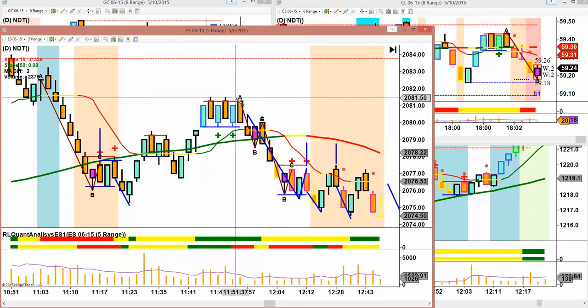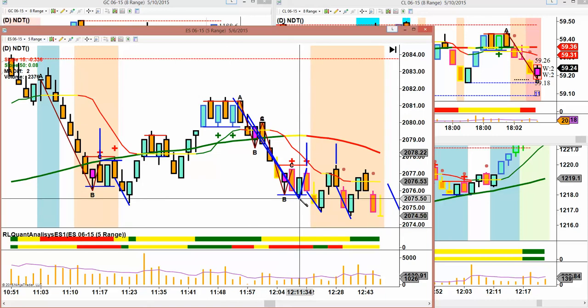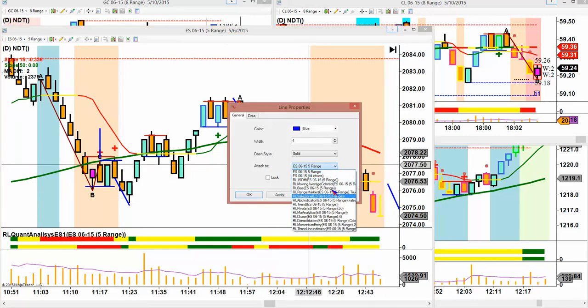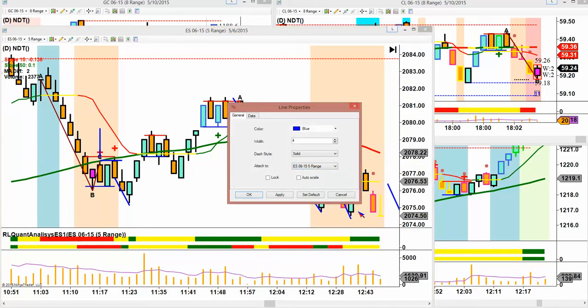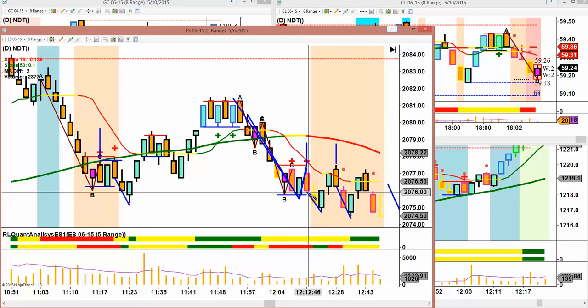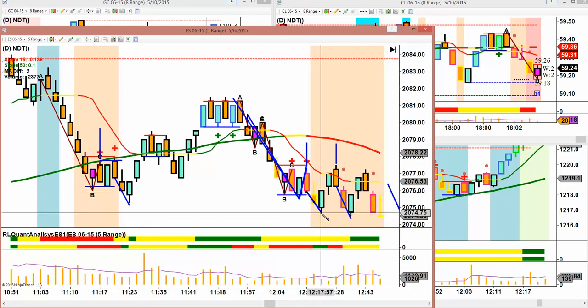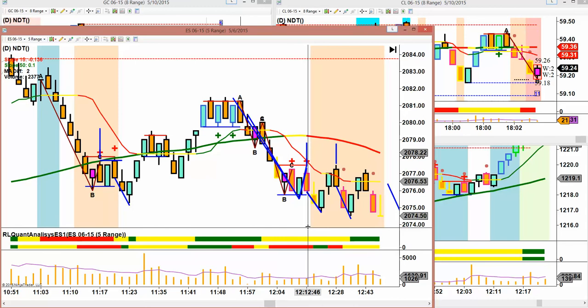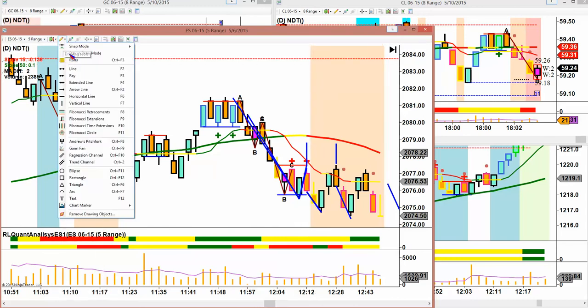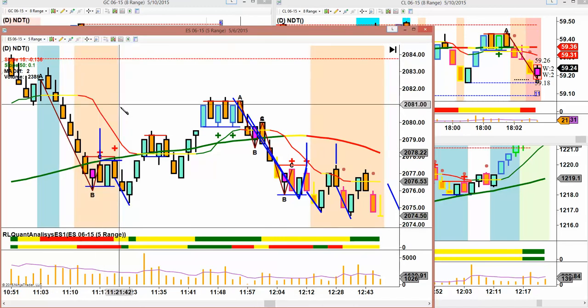Now here's another trade that I had pointed out to the traders in our room. We have minor quant line confirmation, and it's not a huge trade, but it's a nice winner, a point and a quarter.